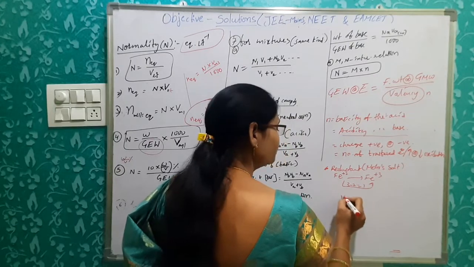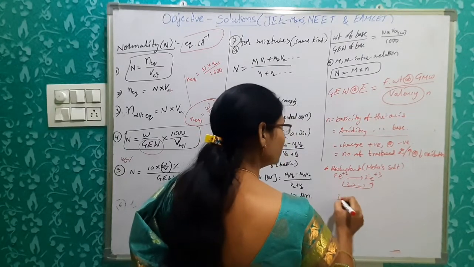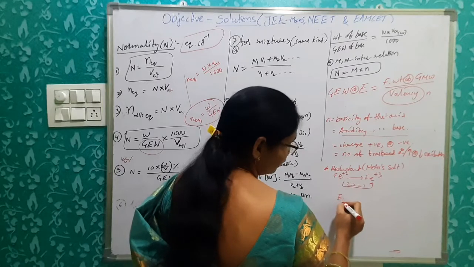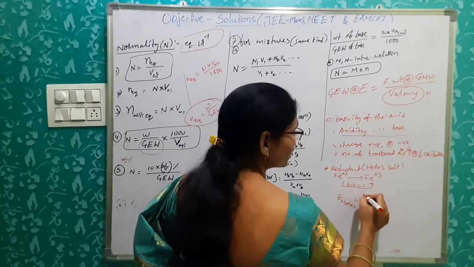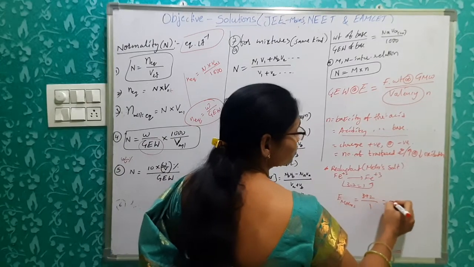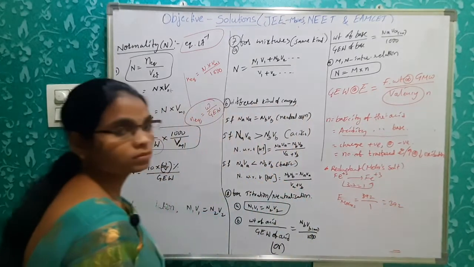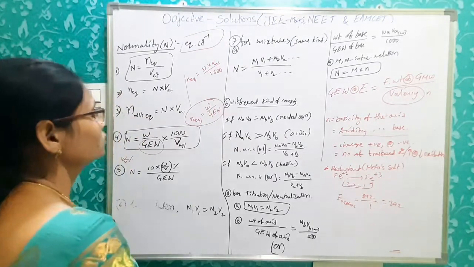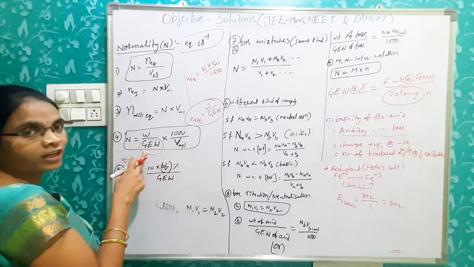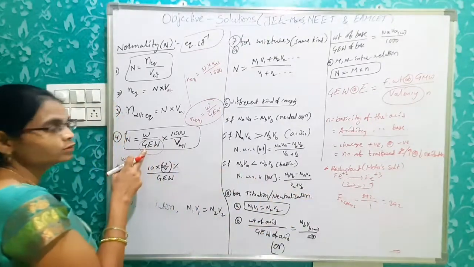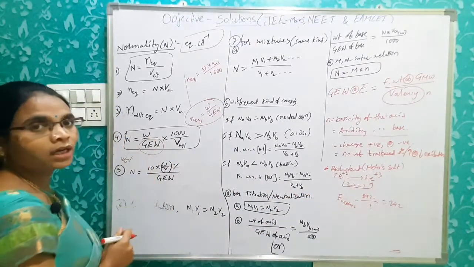So the equivalent weight of Mohr's salt is formula weight 392 by 1 only, 392. In this way we have to calculate the gram equivalent weight. The resulting value is substituted here to get normality.